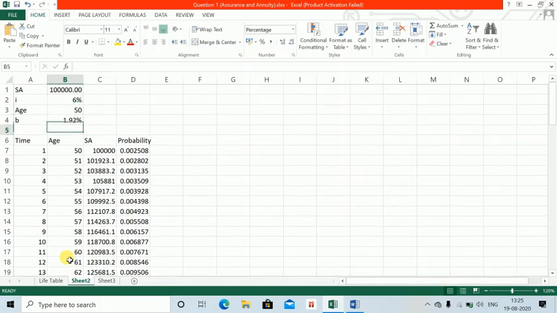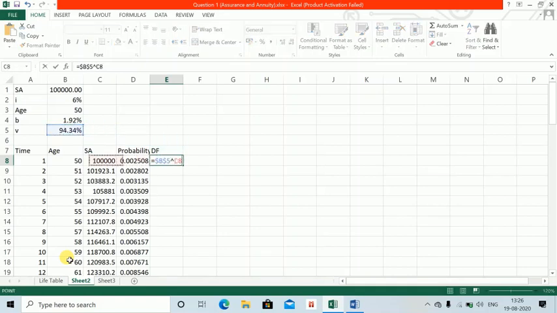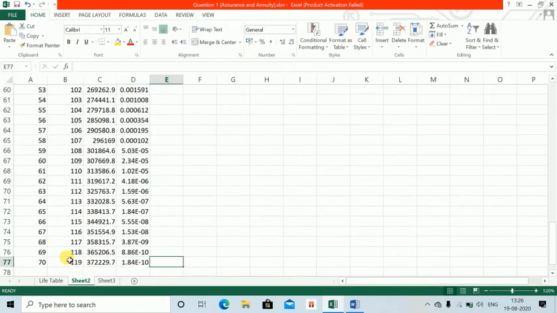Now we calculate the discounting factor. First I'll calculate v, which makes the work easier. v is equal to (1 plus i) to the power minus 1. Once I get v, I'll calculate the discounting factor, which is v to the power time.